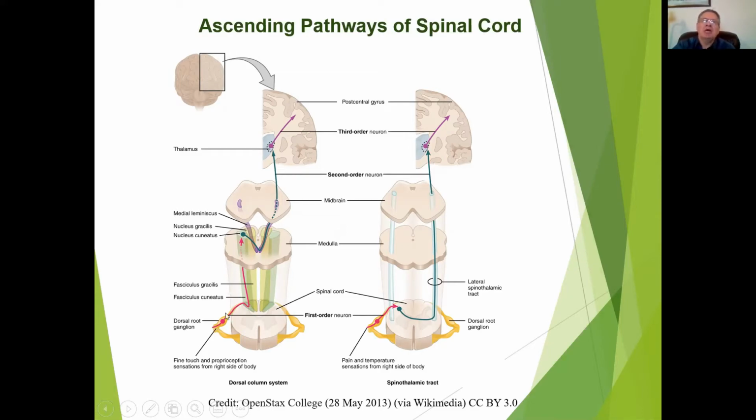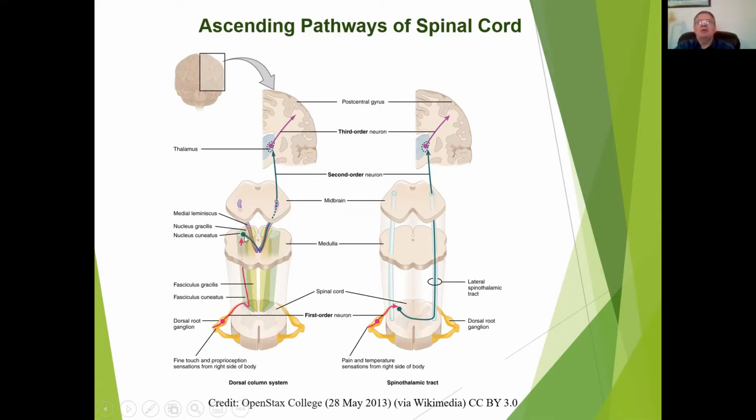So in this case, the axons become part of the posterior column of white matter, which is basically myelinated axons, and form the posterior column, which consists of the fasciculus gracilis and fasciculus cuneatus. These are nerve tracts, bundles of axons, and they project up to the medulla, where they synapse on neurons.